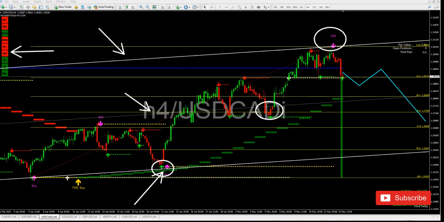So what is the meaning of that? When the market is here at the top, that means it's a sell zone. When the market is here at the bottom, that is your buy zone. When the market retests here on the middle, that is your golden Fibonacci level. So this is a very good indicator. Let me know if you guys want it. I can go ahead and hand it over to you guys.